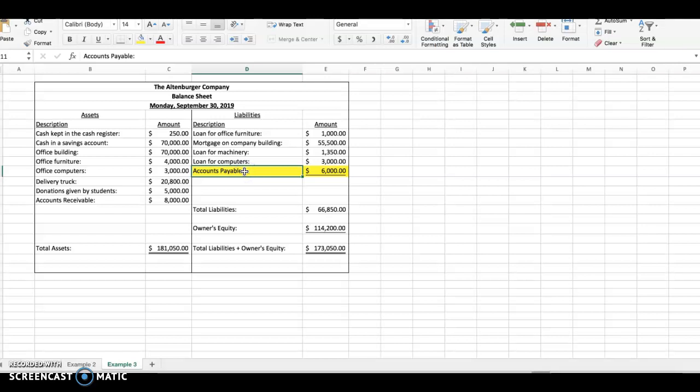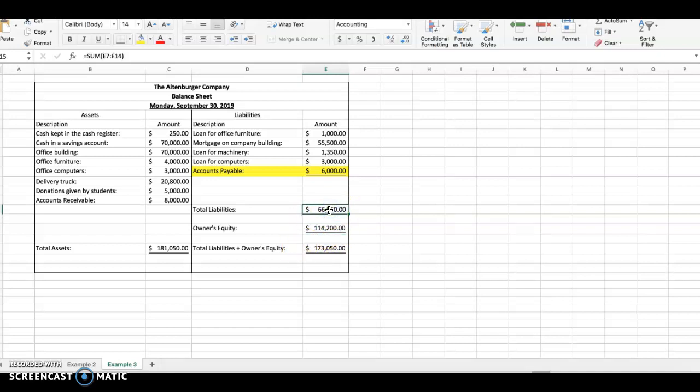Again, let's look what happened here. Now total liabilities went up by $6,000. We added $6,000 to it, and if everything else stays the same, if we didn't change this on the total asset side, but we did change total liabilities, that means now, look what happened.